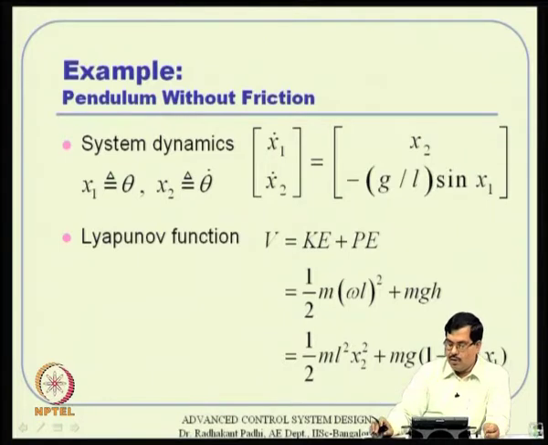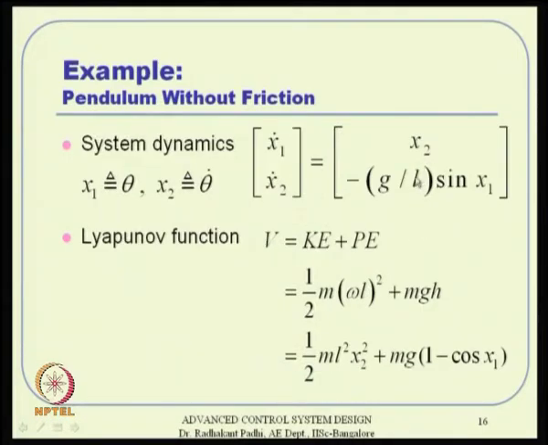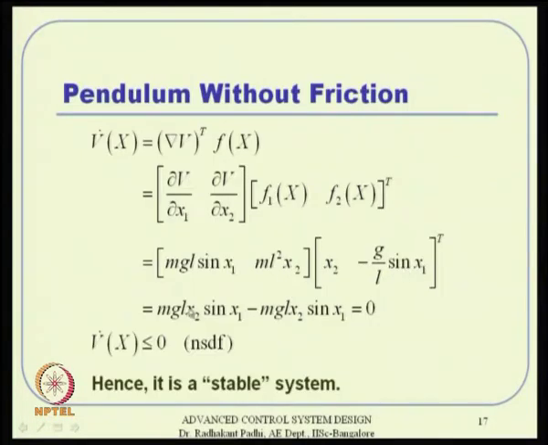With respect to that I carry out del V by del x1 and put that, and del V by del x2 and put that, and f1 and f2 are already available to me from here. That first one is f1 and this is f2 anyway. So, I substitute that and then see that these two expressions cancel out nicely. That means I got a V dot which is equal to 0.